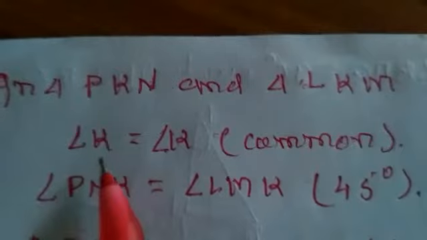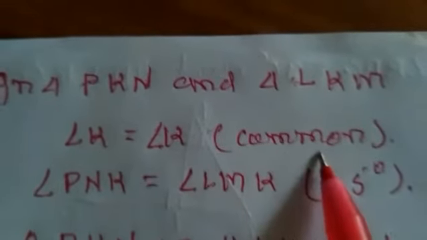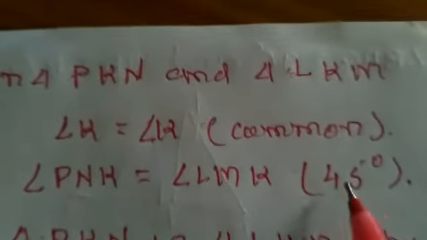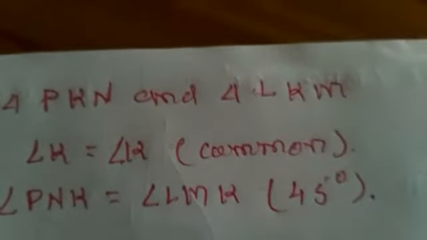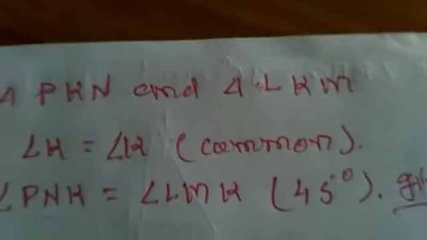In triangle PKN and triangle LKM, angle K equals angle K, which is common to both triangles, and angle PNK equals angle LMK, which is 45 degrees, given in the question.